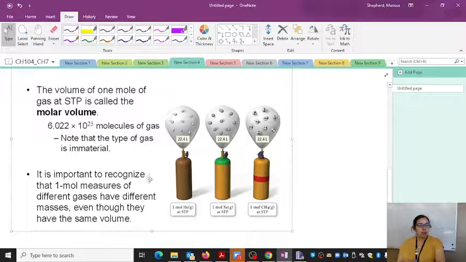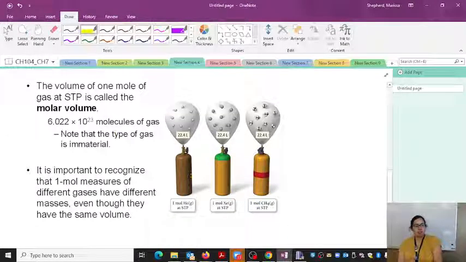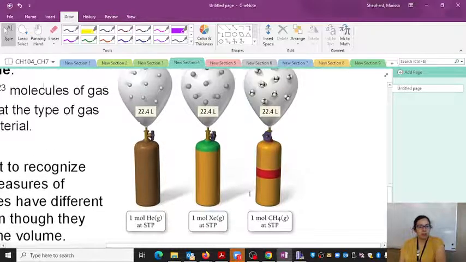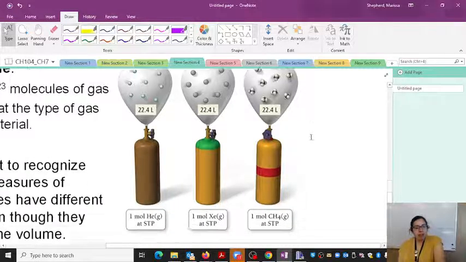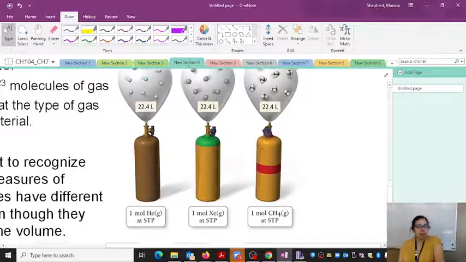This also means that 6.022 times 10 to the 23rd molecules of gas occupy this 22.4 liters. Even though these are different types of gases, helium, which is the smallest, still 22.4 liters. Xenon, one of the larger gases, 22.4 liters.